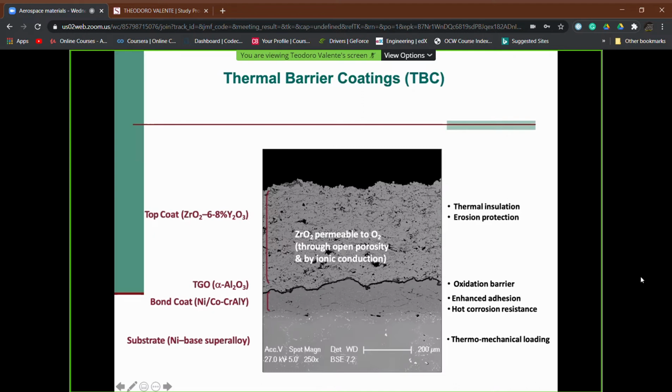The second important function of the bond coat is again related to its composition and is related to thermomechanical stresses. What do I mean?